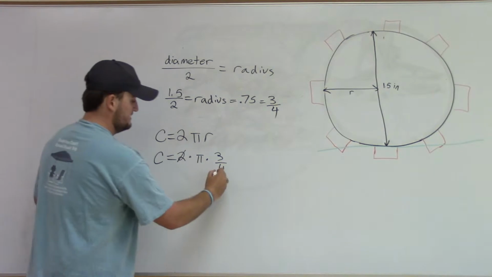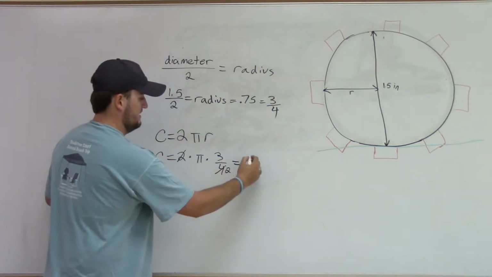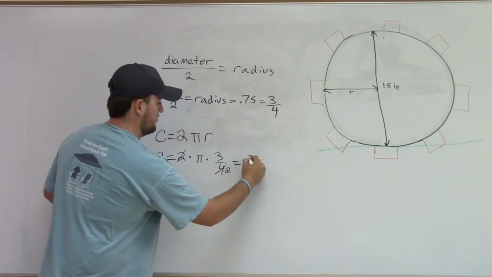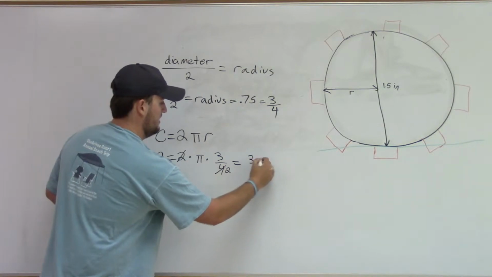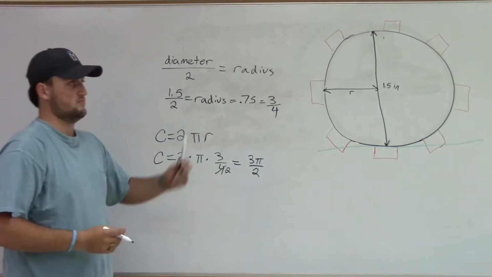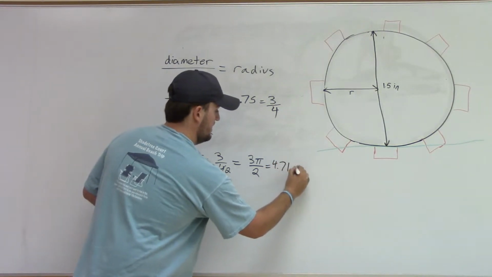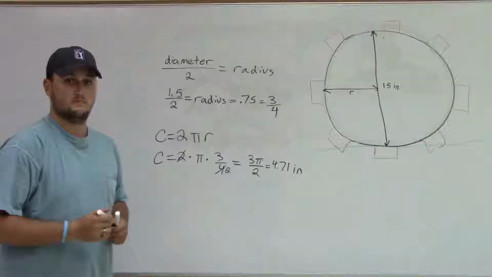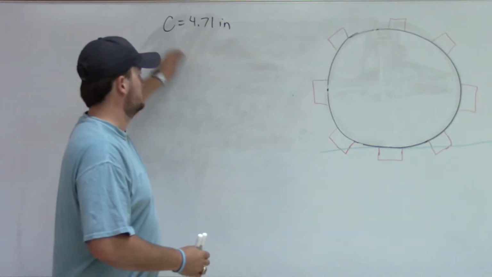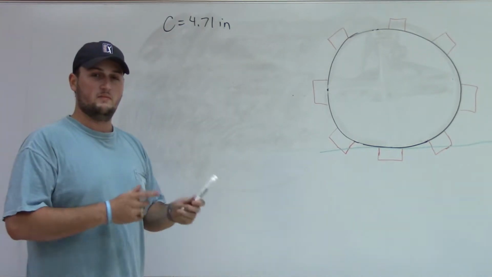If you cancel these, we can see that C equals 3 pi over 2, which is approximately 4.71 inches.